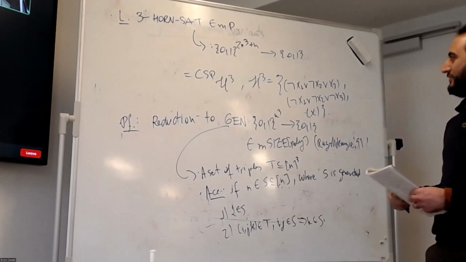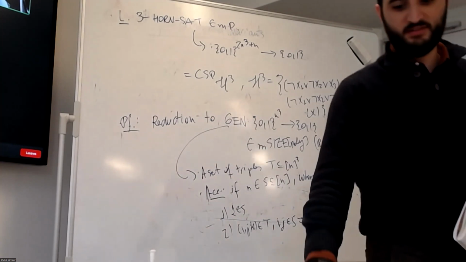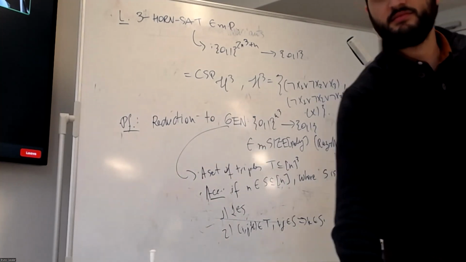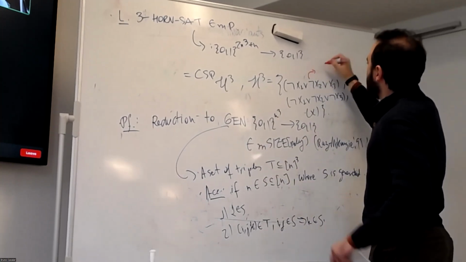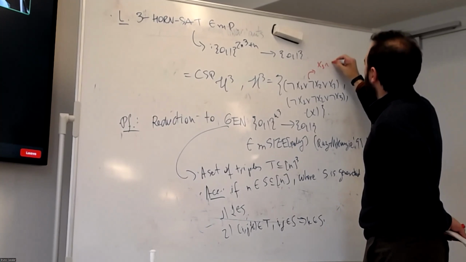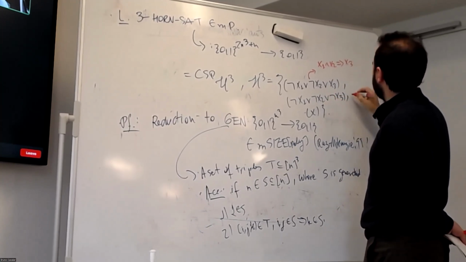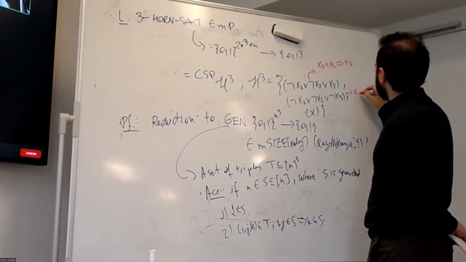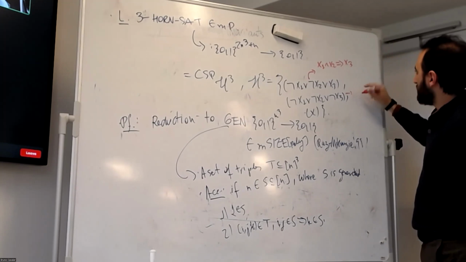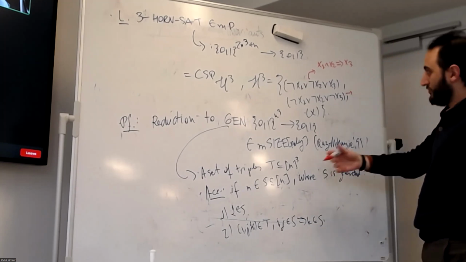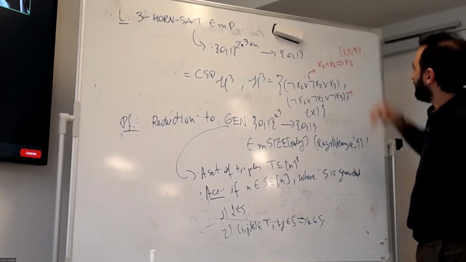And you can perhaps see that this is connected to the 3-Horn set, because these rules you can just see as x1, x2 implies x3. In other words, this is a triple (1, 2, 3).